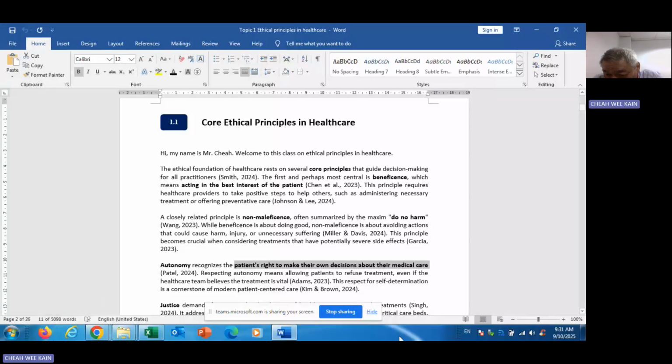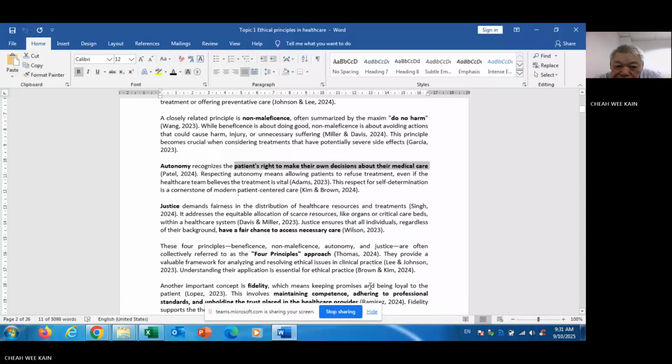The last one, of the core principles, is justice: fairness in the distribution of healthcare resources and treatment. That's what it means.